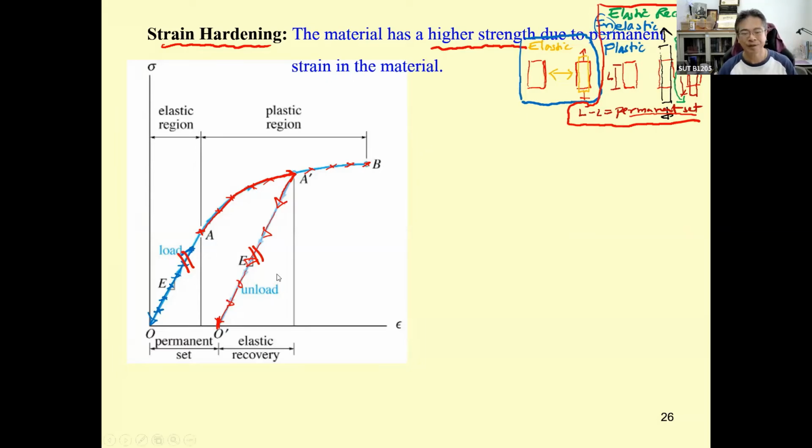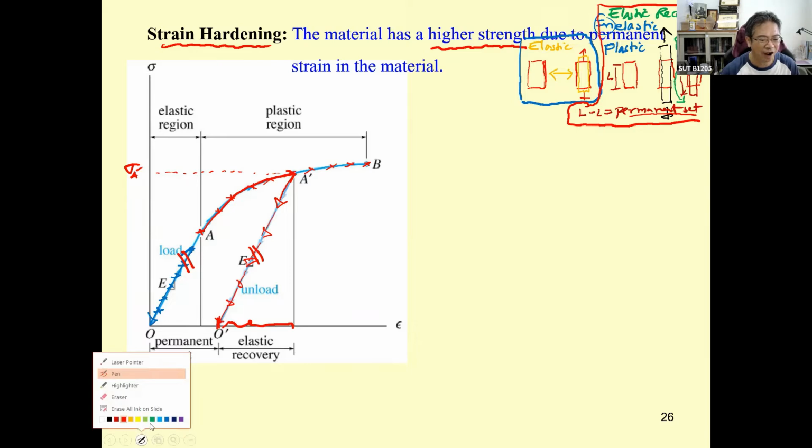Now, how do you compute the elastic recovery? Since you know the stress over here, that is going to be the stress sigma sub A prime. That means you know the height of this one, sigma sub A prime, and this one is going to be the elastic recovery.